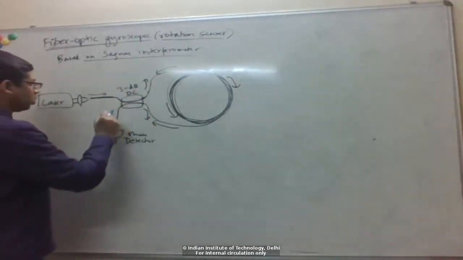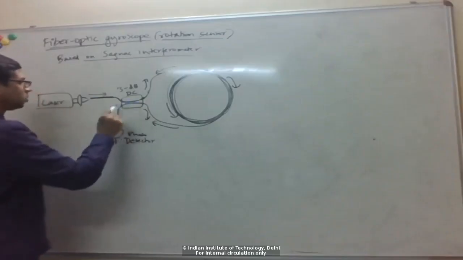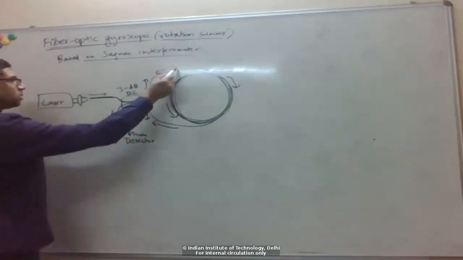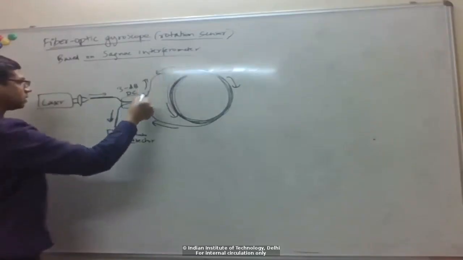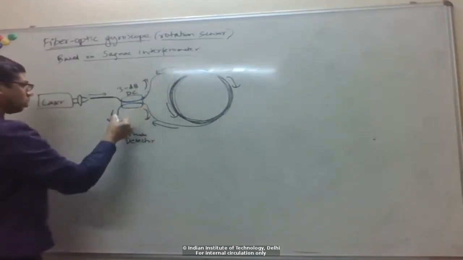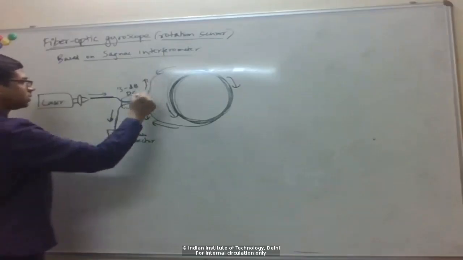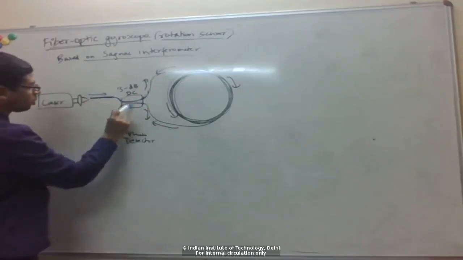If you look at the light coming into the detector here, that consists of this anti-clockwise traveling light, which comes to the drop port here. And that anti-clockwise moving light came from the source again through the drop port.